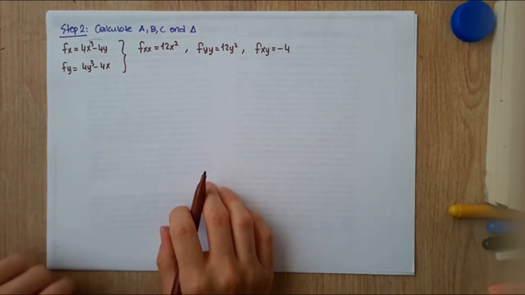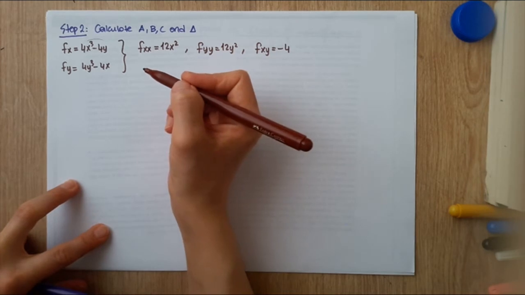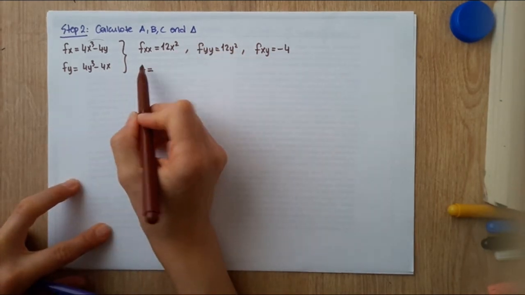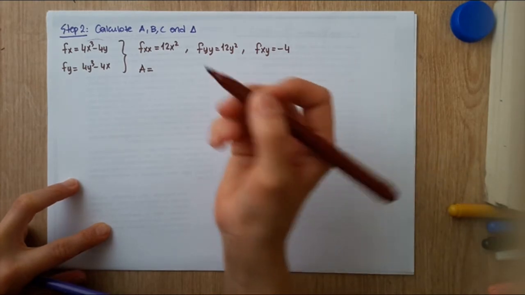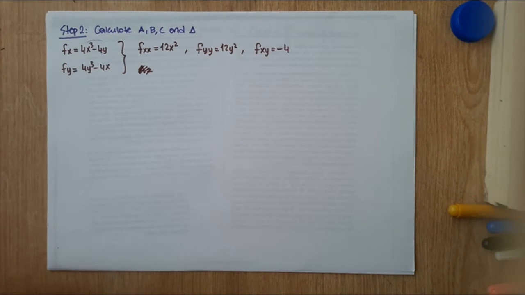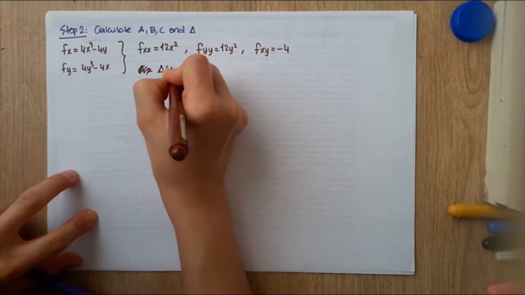Okay, so these are the second partial derivatives. Let me calculate these during the other steps. So let's calculate delta xy.